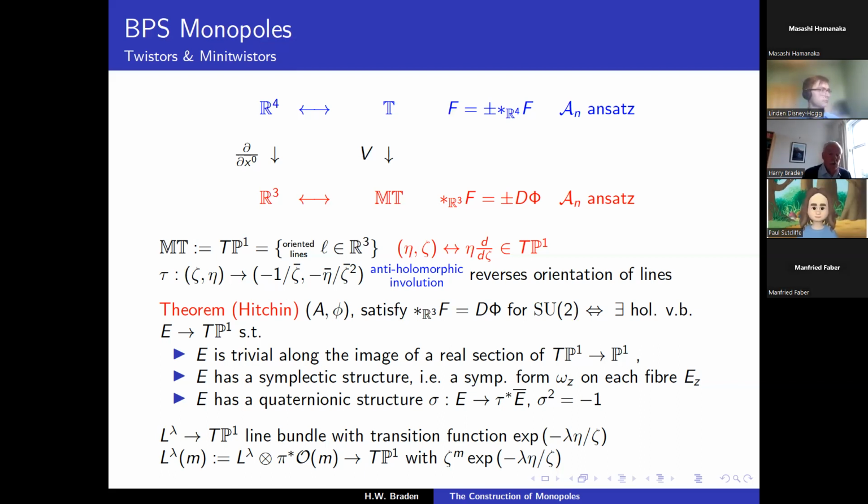In passing, I would note that mini twistor space also can be viewed as a weighted projective space P112, and that might be important in Lyndon's talk. And for those of you who are very interested in Hitchin systems, you'll see that his later reduction of the self-dual Yang-Mills equations on a Riemann surface followed this line and become a lot easier, and the monopole setting is a lot easier to understand.